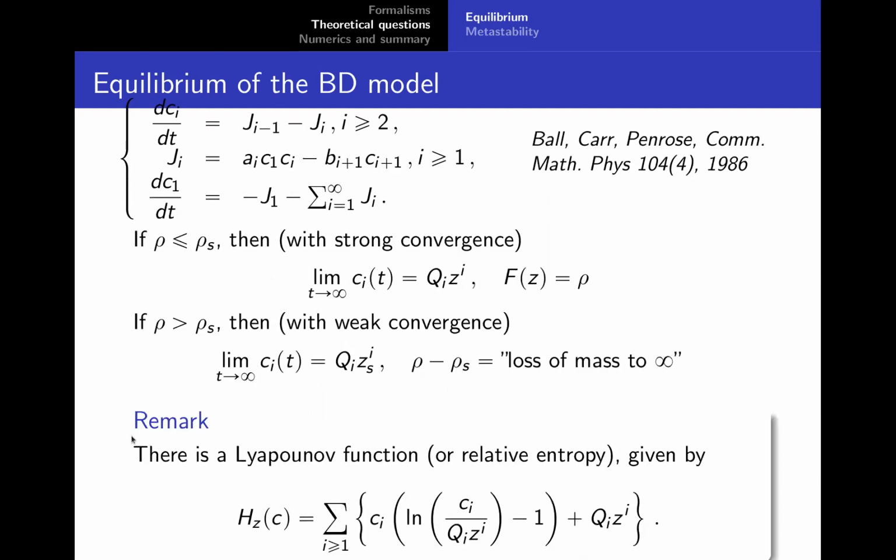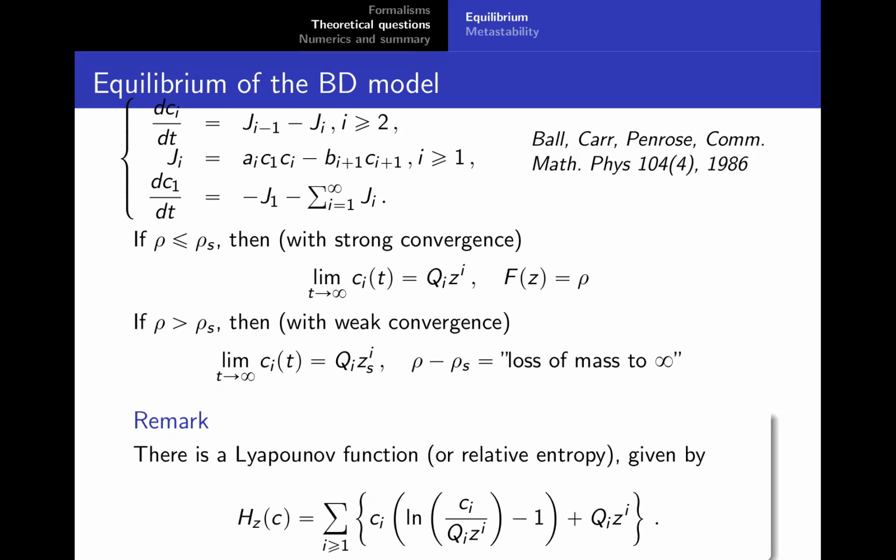A quick comment on how we prove this kind of theorem. We are saved here because we have most of the properties of detailed balance, finite dimension chemical reaction networks. And in particular, we have this Lyapunov function, which is very helpful. But because we are in infinite dimensions, some of the continuity properties of the Lyapunov function are not trivial.